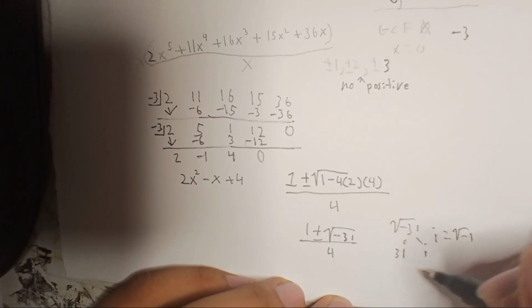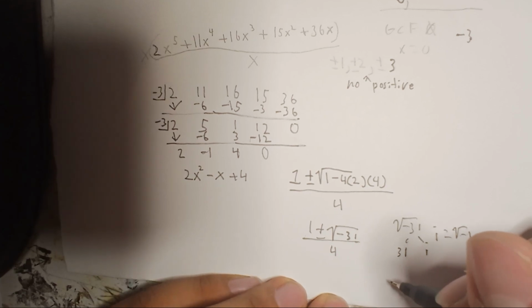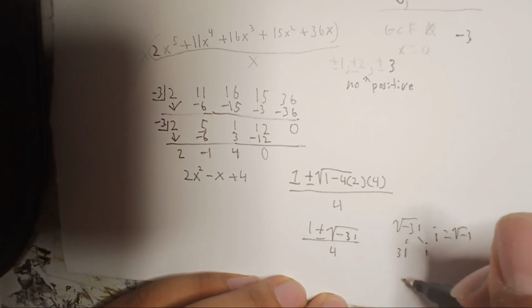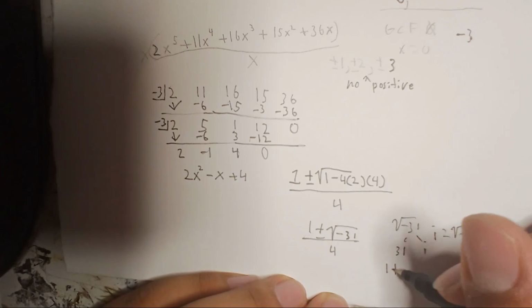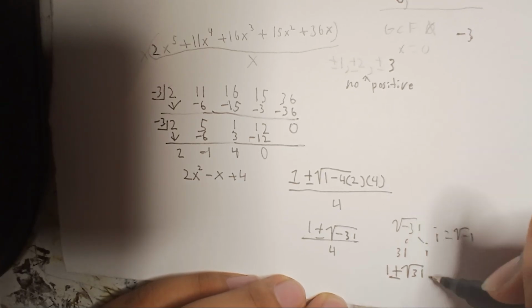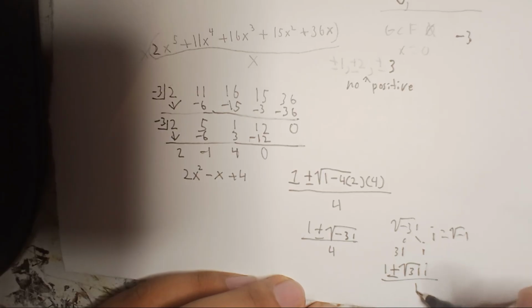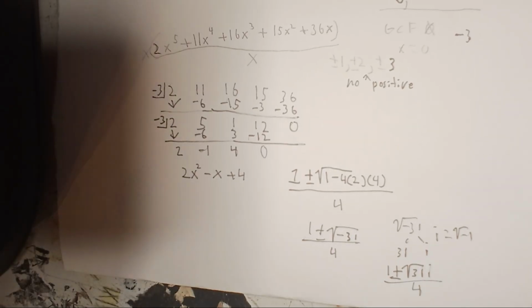So we simplify that, and now it turns into 1 plus or minus the square root of 31 times i, all over 4, and boom, bada bing.